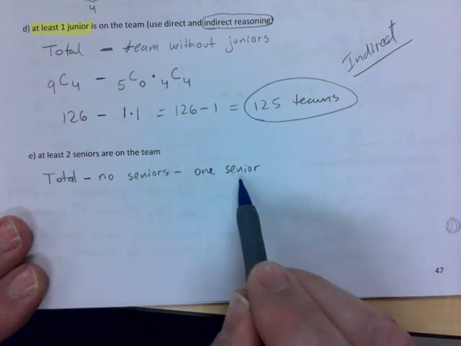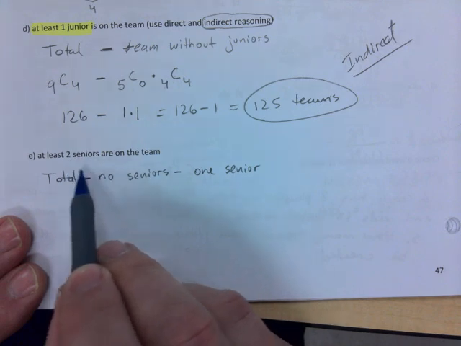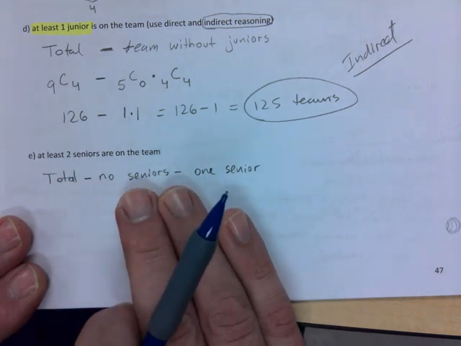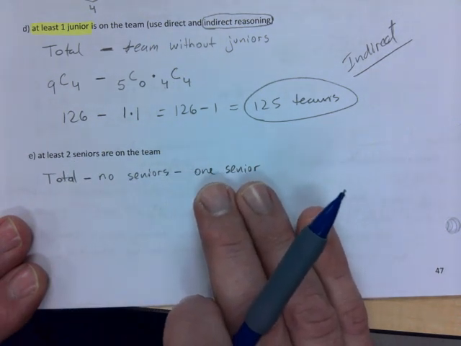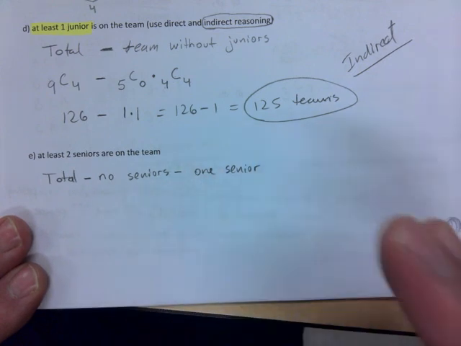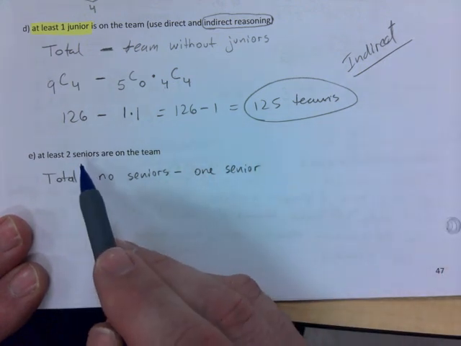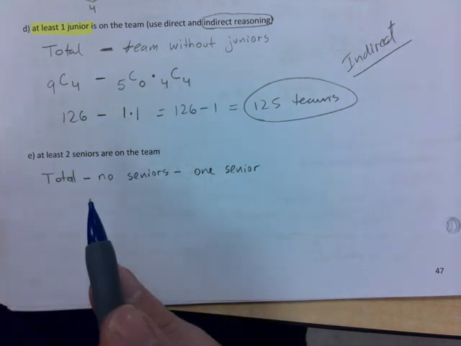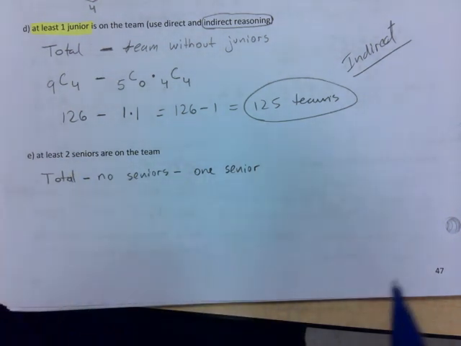If I take away the teams that have no seniors and the ones that have just one senior, everything else will have at least two seniors: two, three, or four.